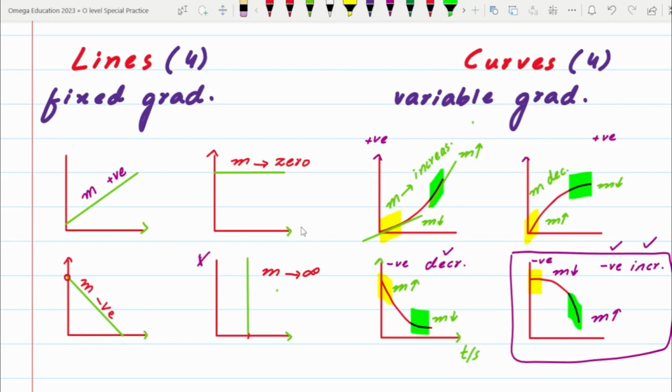In all of them, I represent time on the x-axis, and on the y-axis I'm going to represent change in momentum, delta p, with the unit of kg m s^-1 as the unit for change in momentum.